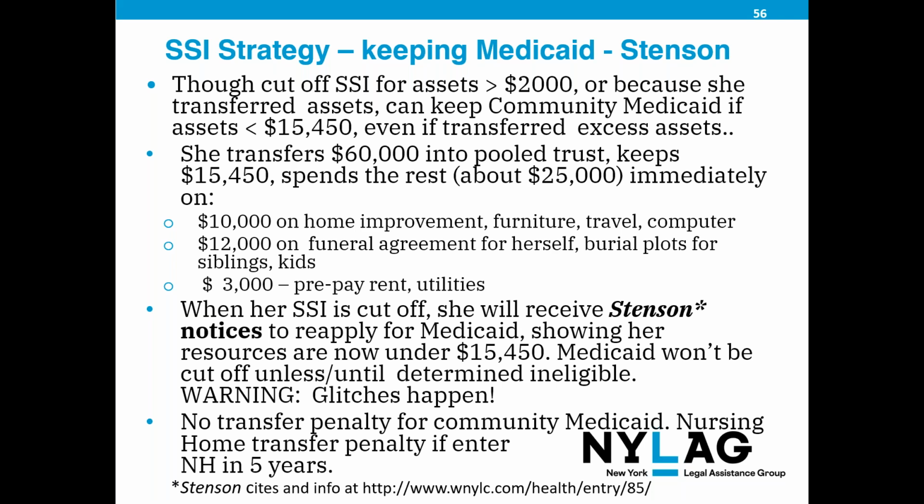She'll receive something called a Stenson notice, and we have a whole article about Stenson, which is a procedure that is supposed to allow someone who had Medicaid through SSI to keep their Medicaid by essentially reapplying for Medicaid through the regular non-MAGI Medicaid program. So they get transitioned from SSI Medicaid to regular non-MAGI Medicaid.